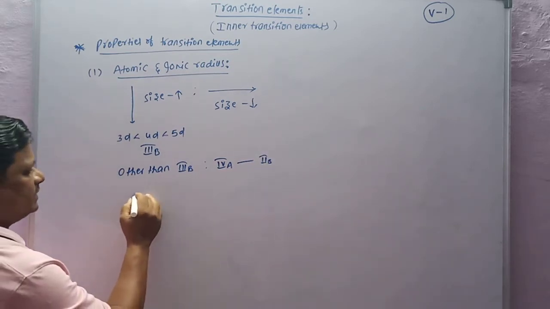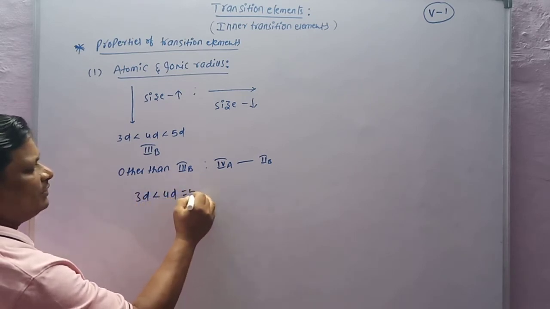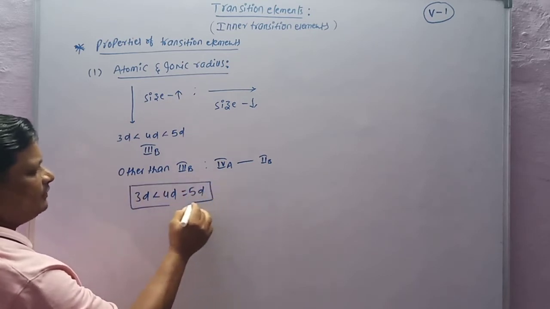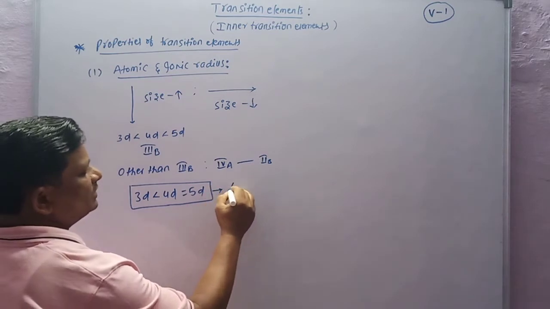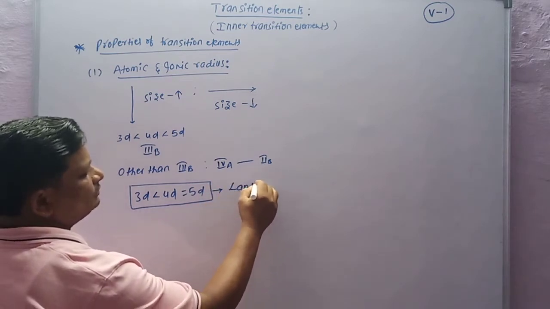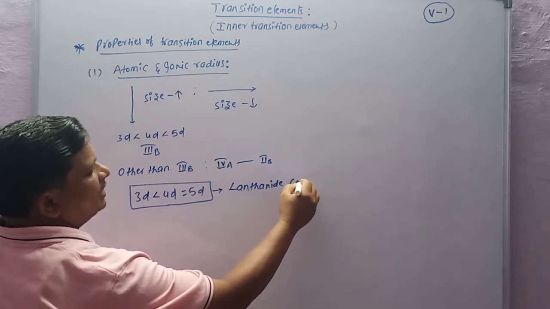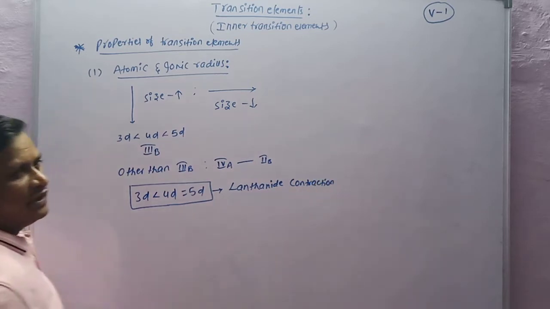So the order is 3D is less than 4D, and 4D is equal to 5D. It is due to lanthanide contraction. What is lanthanide contraction? It is lanthanide contraction.